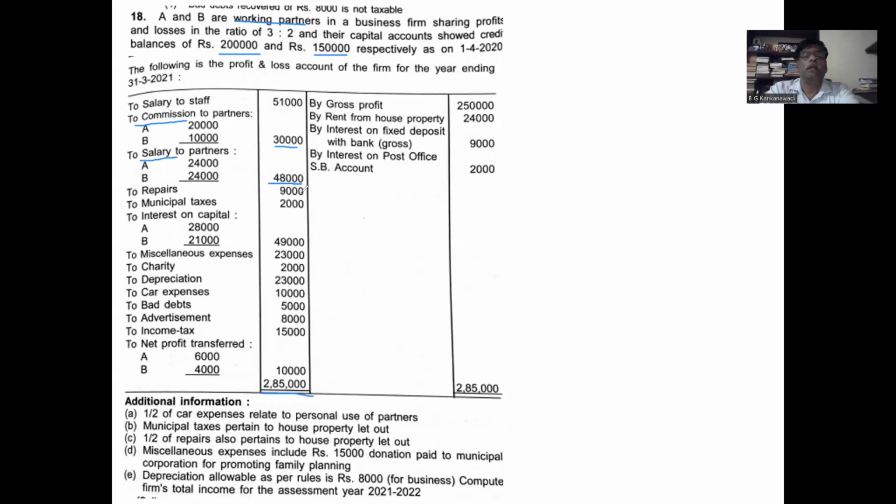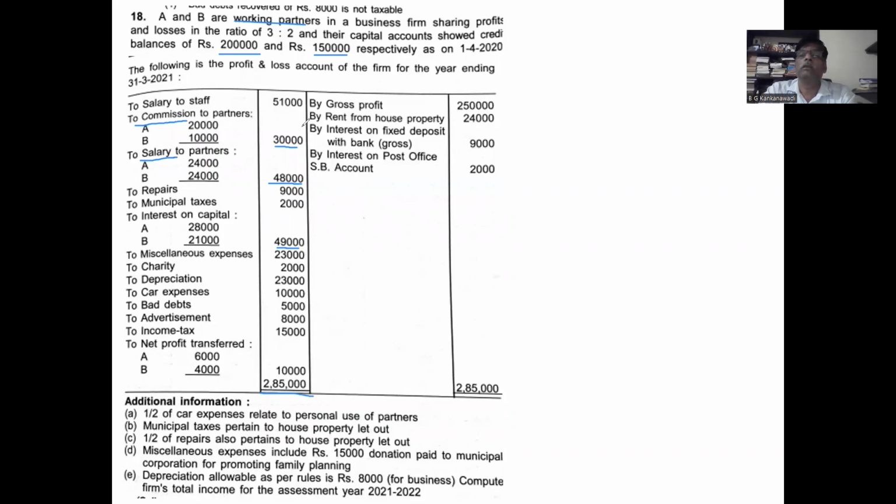Then repairs is allowable. Municipal tax is allowable if they are related to business. Then interest on capital. First partner 28,000, second partner 21,000. Total interest is 49,000. Out of this 49,000, 12% of capital is allowable.